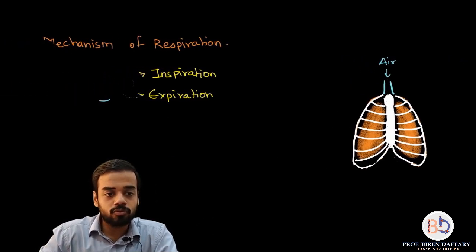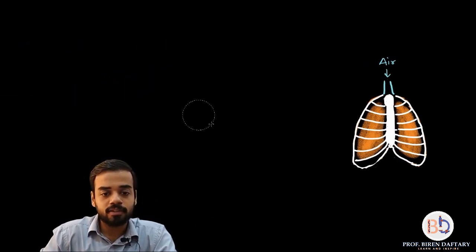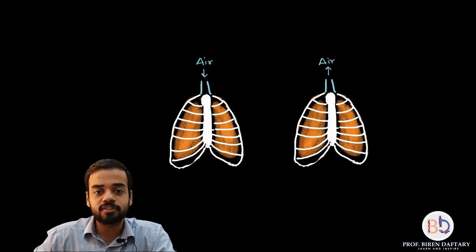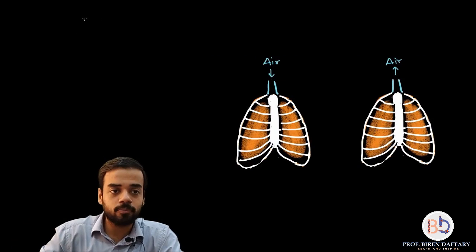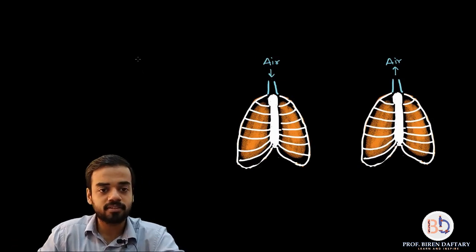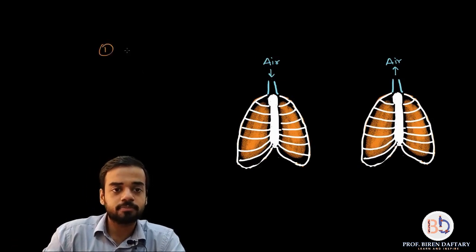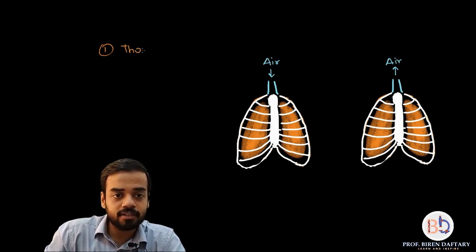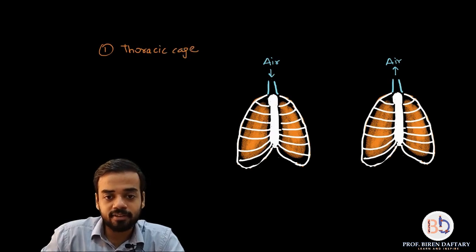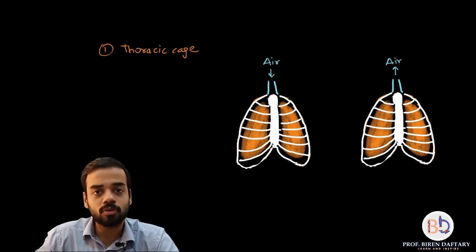Okay, so before we start with the diagram, there are basically four parts which are involved in breathing. There are four parts of the body, so I will just list those parts. The first part is the thoracic cage or the rib cage. In this diagram you can see this white colored area, these are the ribs, this is the sternum, correct? This entire structure is called the thoracic cage.